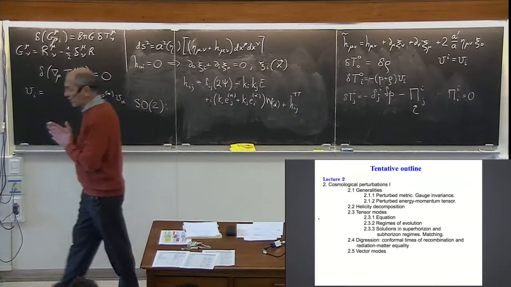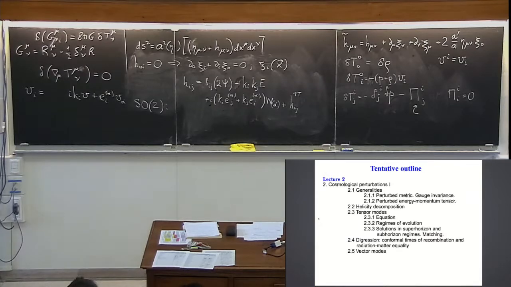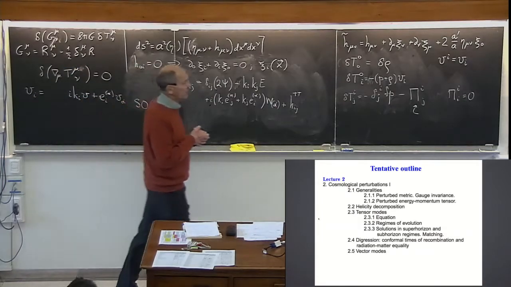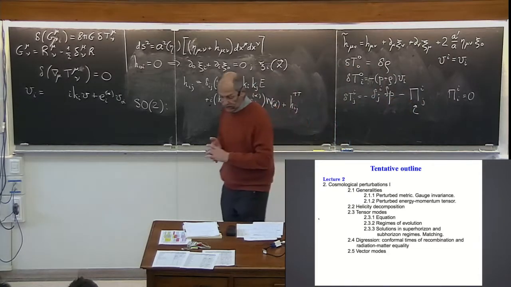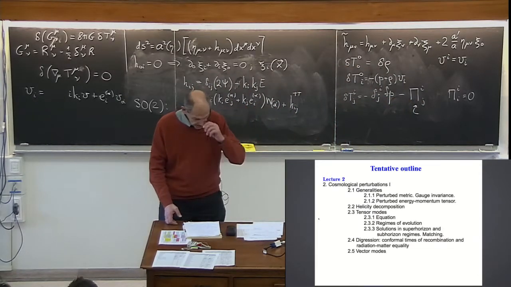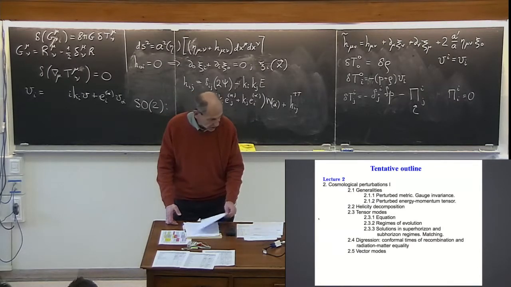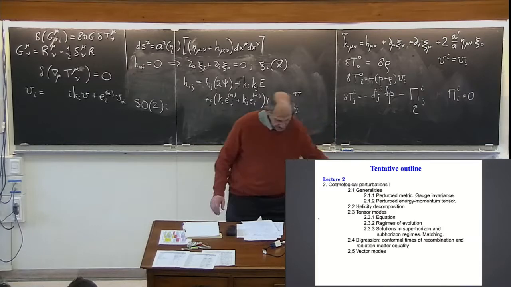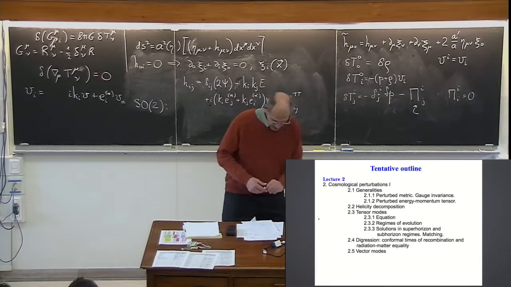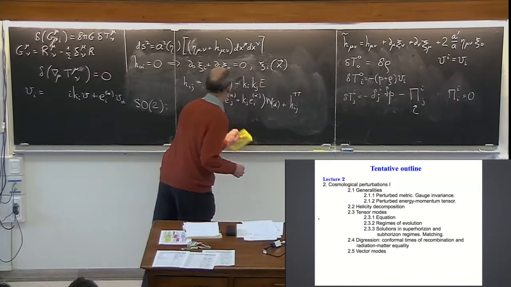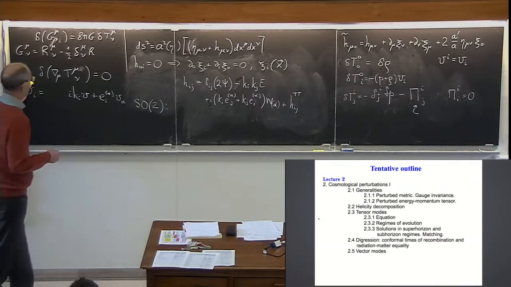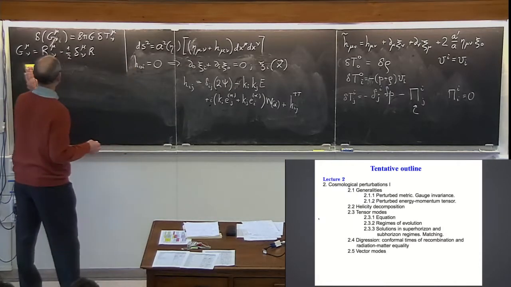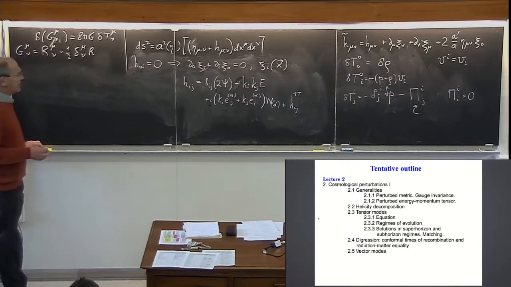So, to a reasonable approximation, our cosmic medium is a perfect fluid as far as tensor perturbations are concerned, and therefore the equation for tensor perturbations involves only the transverse traceless components of the metric, hij. By the way, this hij traceless transverse can also be decomposed into two polarizations, as you know, right?